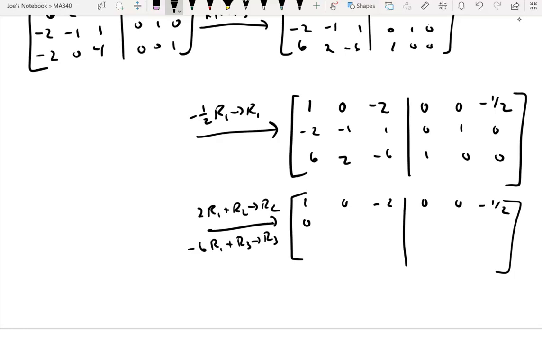This should definitely be a 0, so we're making it be a 0. 2 times 0 gives me 0 plus -1 is -1. 2 times -2 gives me -4 plus 1 gives me -3. I get 0, 1, and then I'll get 2 times -1/2 is -1 plus 0 is -1 here.